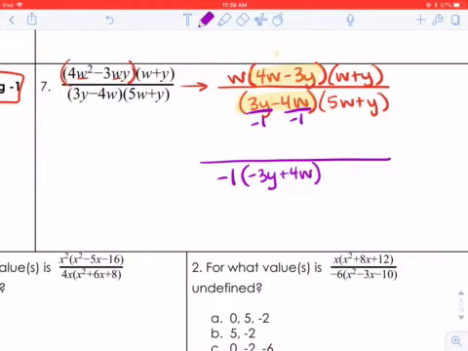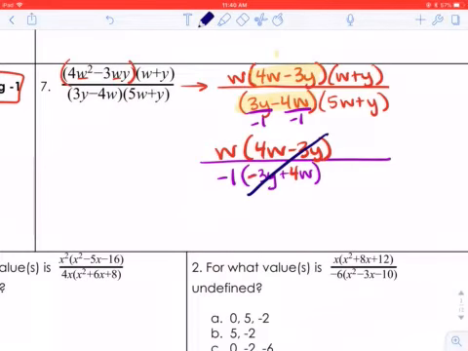Notice that that's the exact same thing that we had from above, 4w minus 3y, just written in a different order. So it's a negative 3 and a negative 3, a positive 4 and a positive 4, which means that now those are exactly the same, and I can cancel them.